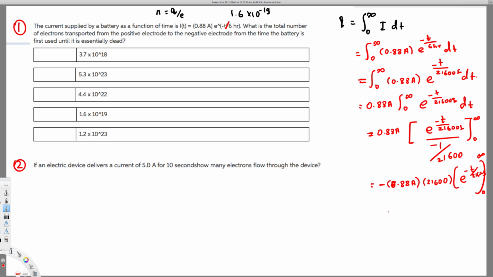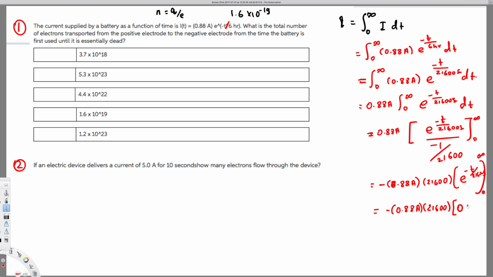This part remains the same: negative 0.88 ampere times 21,600. In the bracket, if we apply infinity, e to the power of negative infinity is 0.